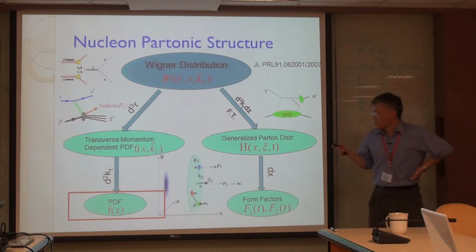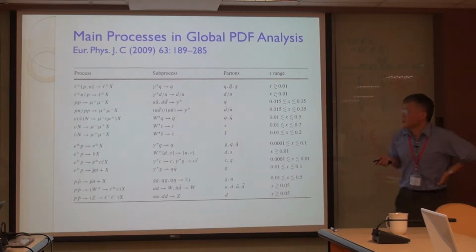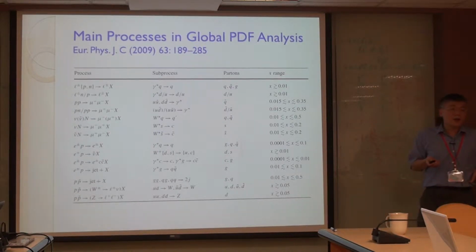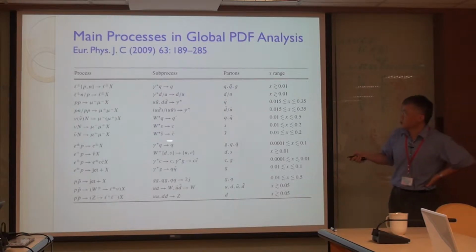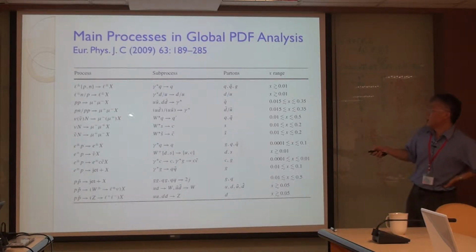Okay, then the PDF. I think Kumano-san also showed this. The PDF is not only explored by the Drell-Yan, it is mostly explored by DIS using either lepton beams or neutrino beams, as you will see here with lepton DIS and neutrino DIS, and of course some Drell-Yan, and also jet and W/Z production.